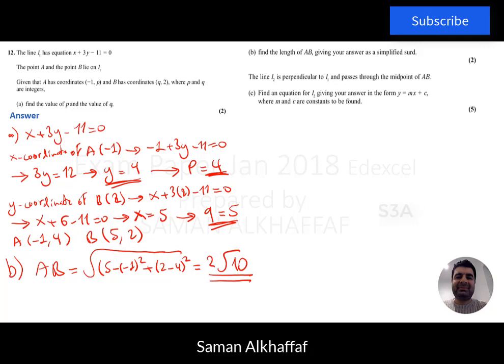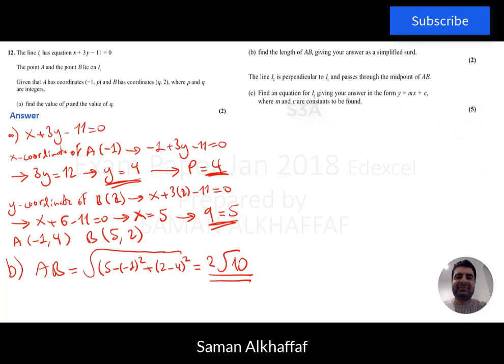Now for part C, we are told that the line L2 is perpendicular to L1 and passes through the midpoint of AB. Find an equation for L2, giving the answer in the form y equal mx plus c, where m and c are constants to be found.